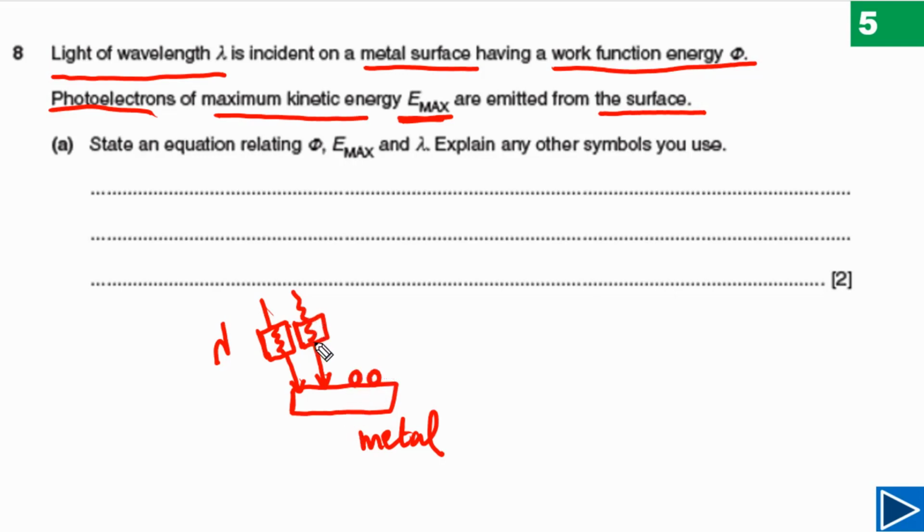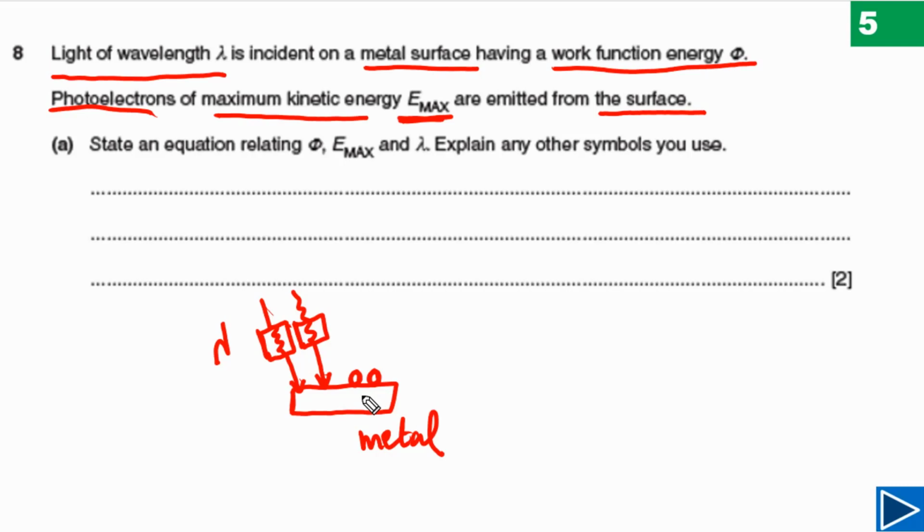As these photons are absorbed by these electrons, one photon will give all of its energy to one electron. This is a one-to-one interaction, and as soon as this photon is absorbed by this electron, the electron will be released from a certain atom.